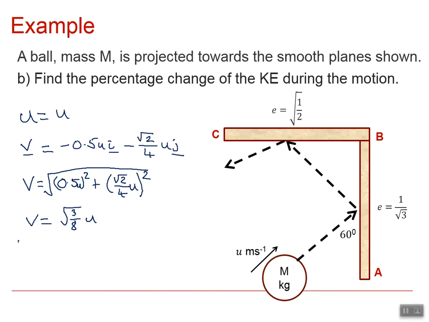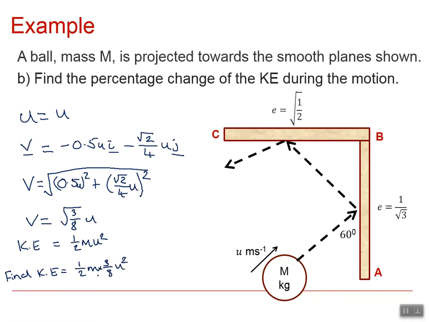So now we can look at the KE initially, which is a half m u squared, and then the final KE, which is a half m v squared, so that's going to be 3 over 8 u squared.